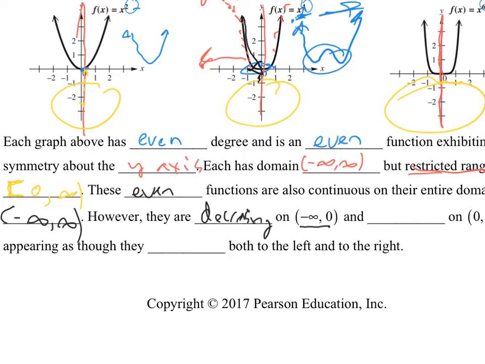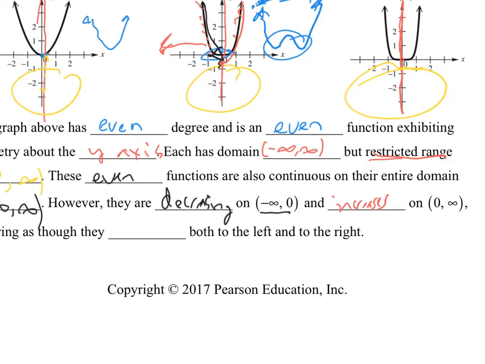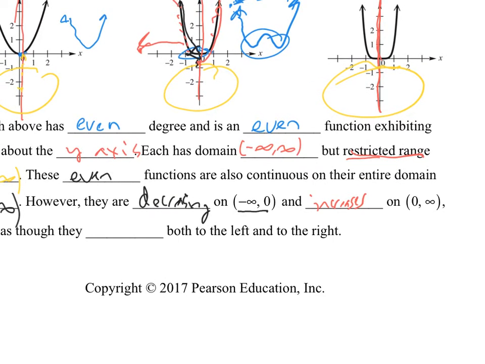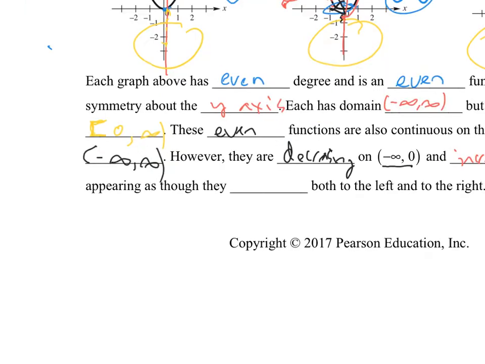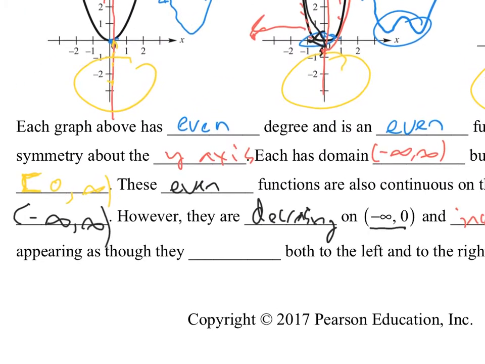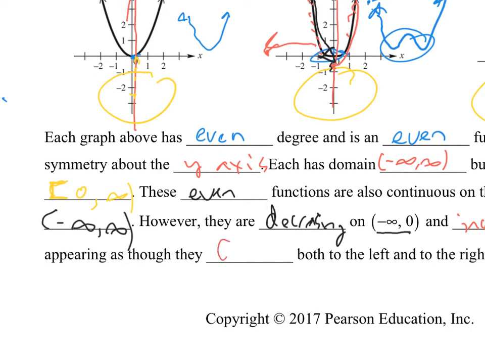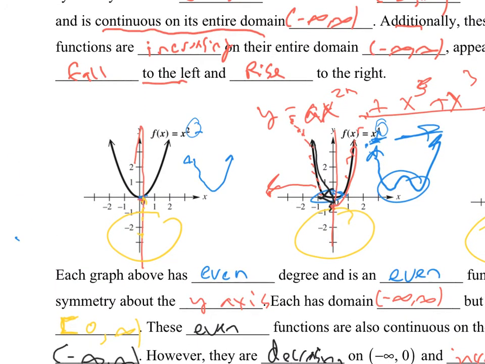Once I get to that 0, it increases. So I go increases on 0 to infinity, forever and ever and ever. No, to the left, that would be rise to the left, and it rises to the right. In other words, it appears that it goes up forever that way and up forever that way. It appears to do that.